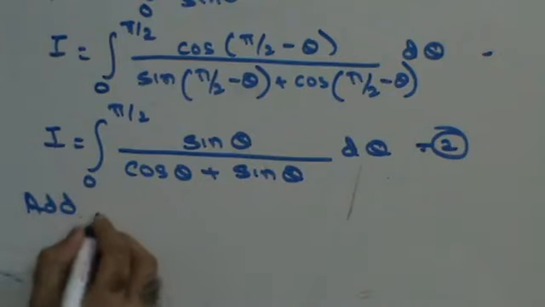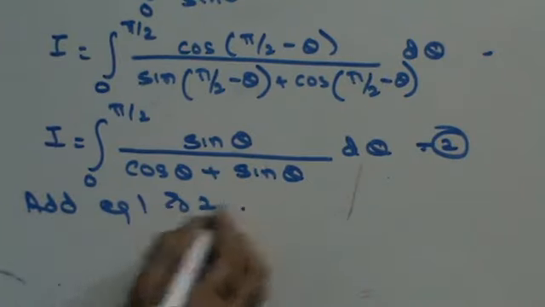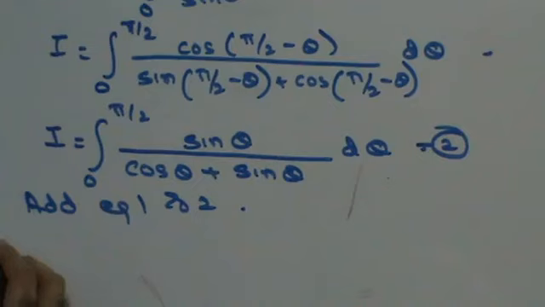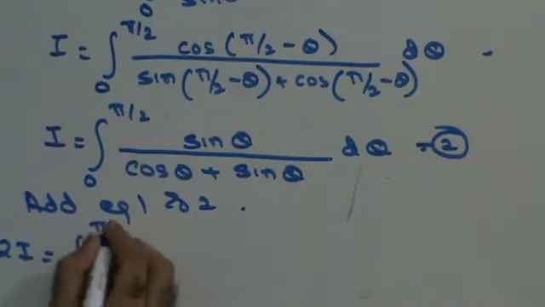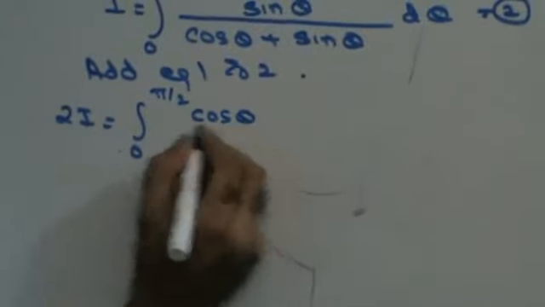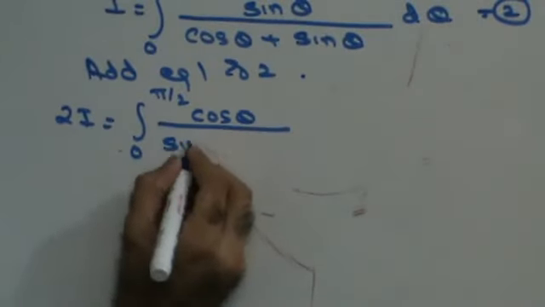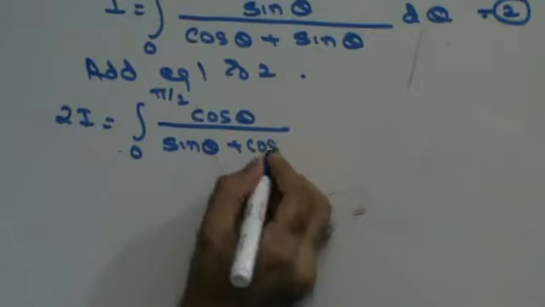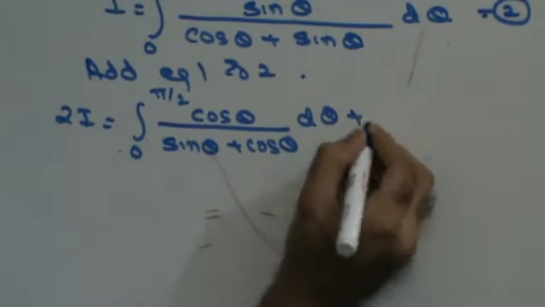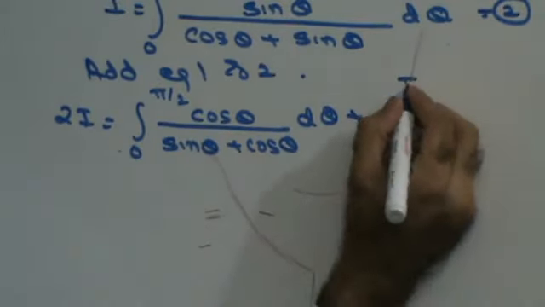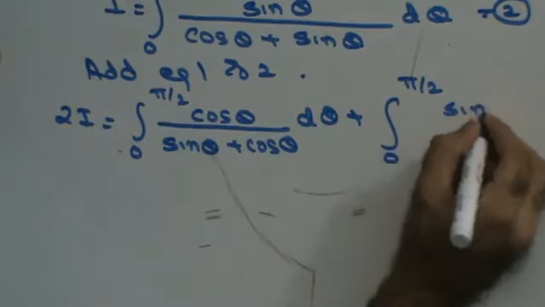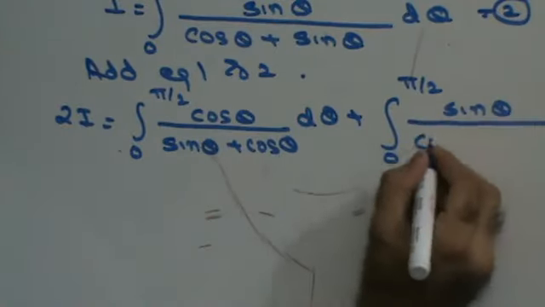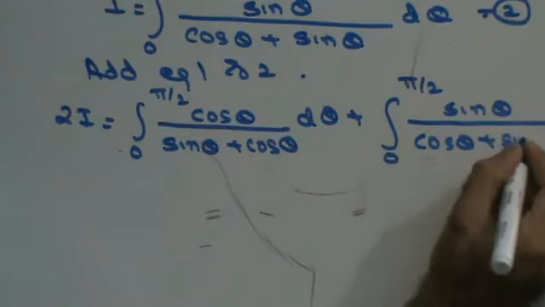Add equation 1 and 2. If I add equation 1 and 2, I'll get I plus I, that's 2I, is integral of 0 to pi by 2 cos theta upon sin theta plus cos theta d theta plus 0 to pi by 2 sin theta upon cos theta plus sin theta d theta.